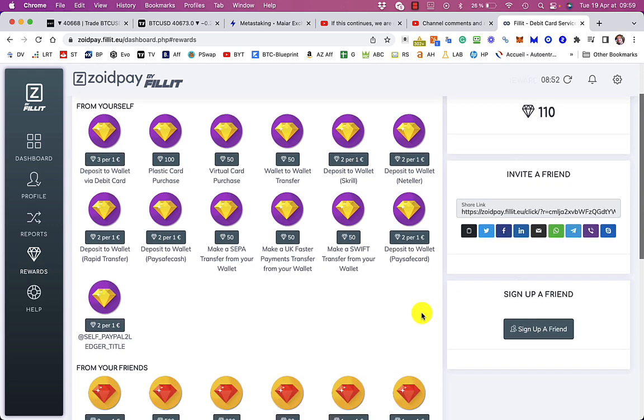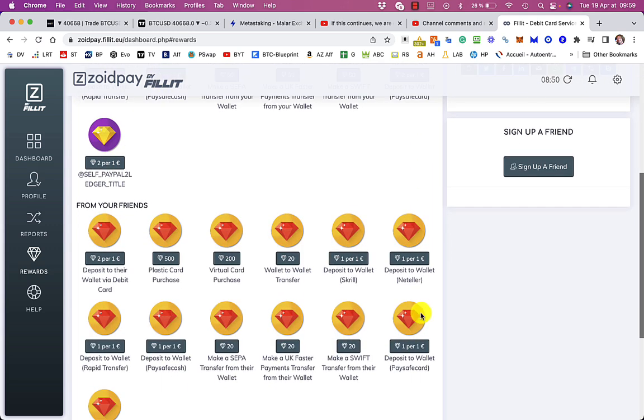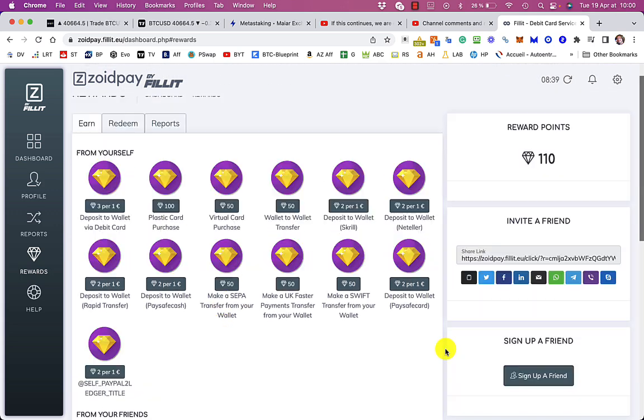And yeah, that's what you get. What I get, I think, if you do a deposit to a wallet, is 2 of these reward points, and so on. I don't know exactly what they're worth, but I think generally it's always good to use somebody's referral link because it generally benefits both of you. So that'd be really kind if you did.